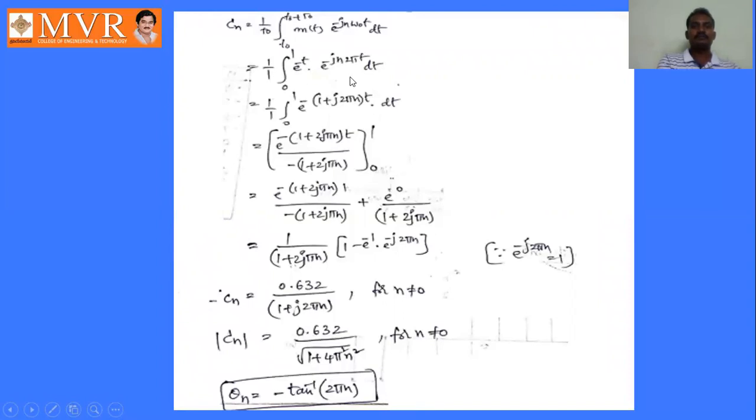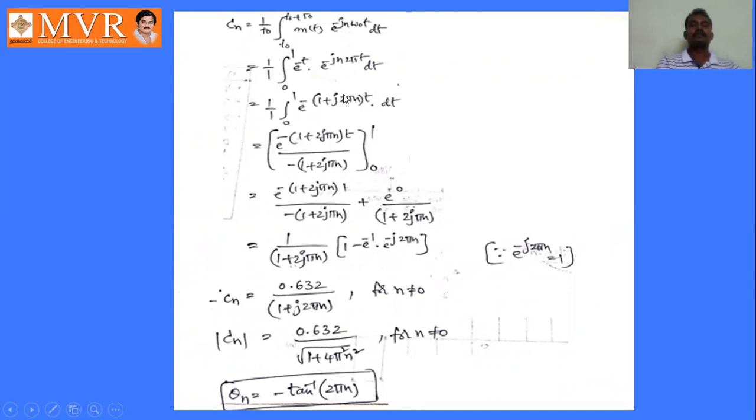It is in the form of e^x into e^y, so it will become e^(x+y). Like this, we will add these components. So e to the power minus, we take minus t as common, so it will become 1 plus jn2π, into dt.